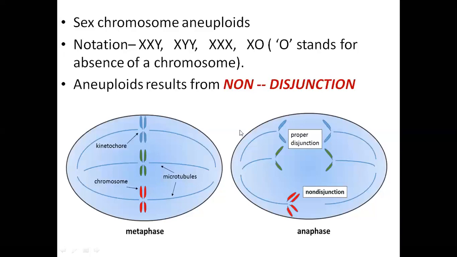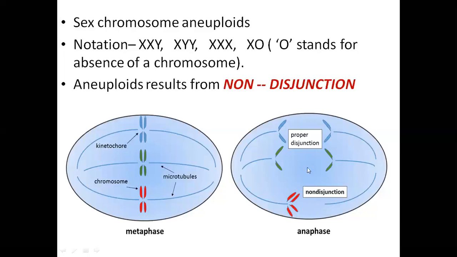During non-disjunction, the sister chromatids split across the kinetochore and are properly separated. But the red pair of chromosomes doesn't separate; they don't come apart, they stay together.